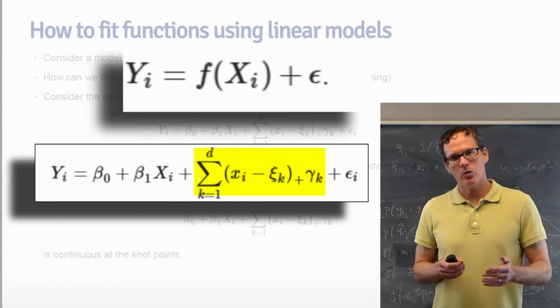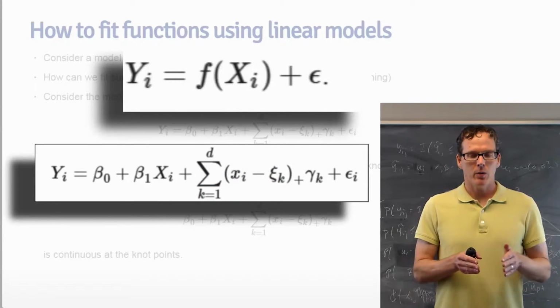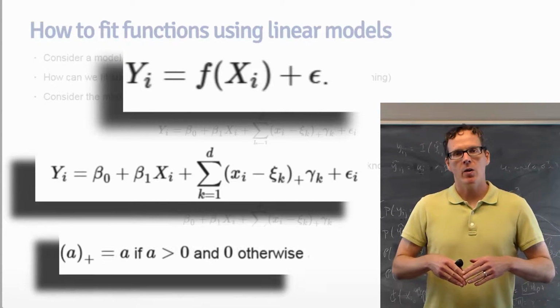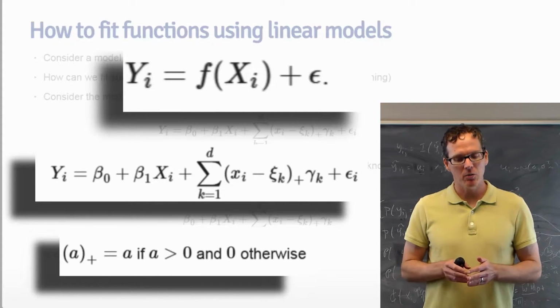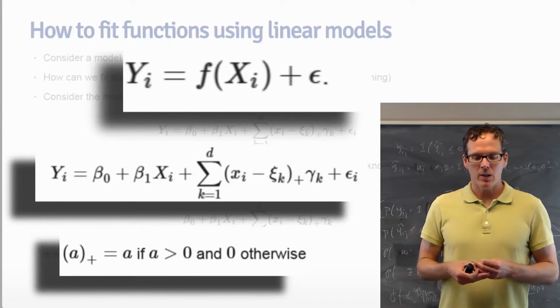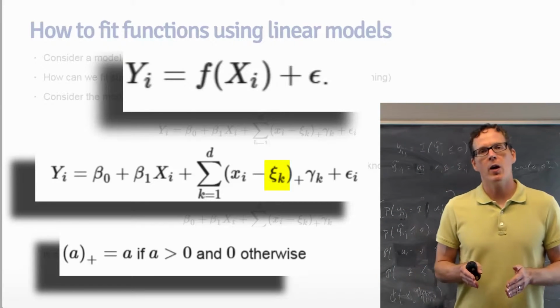I'll show you in a second what these actually mean. The function with a little plus just returns the argument if that argument is positive, and returns 0 otherwise. And these little xi terms, xi 1 up to xi d, are the knot points.